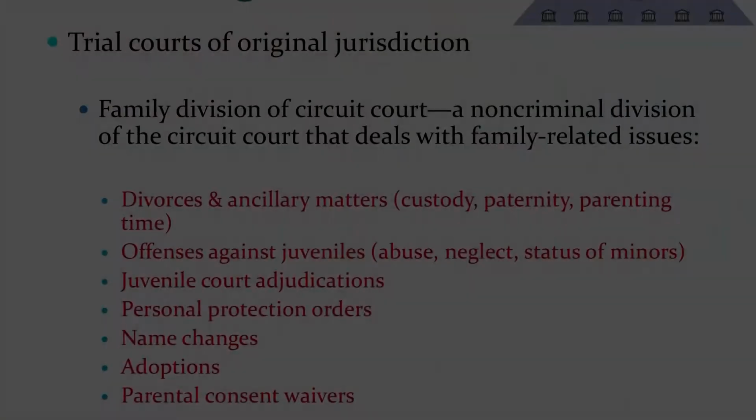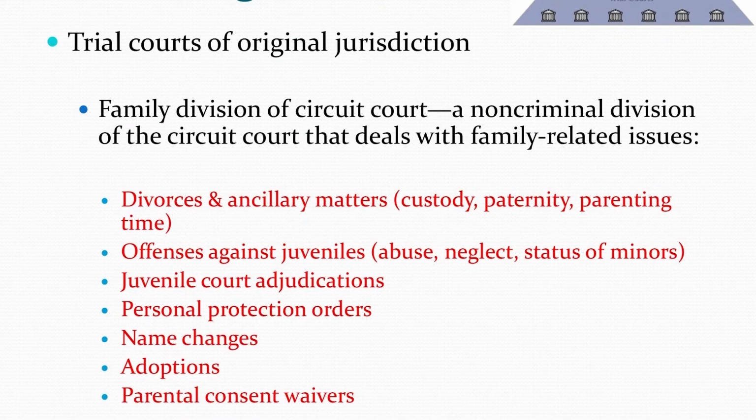Offenses against juveniles. So a juvenile who might be abused or neglected, status of minors, that sort of thing. Juvenile court adjudications. So a child that was charged with an offense would go to a juvenile court and their case would be heard here. Personal protection orders.